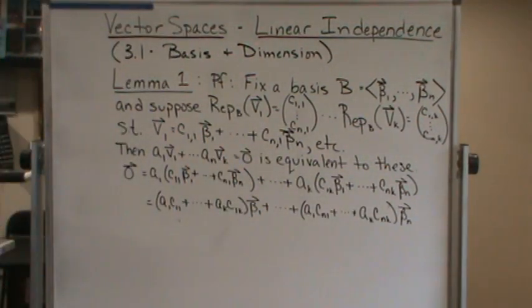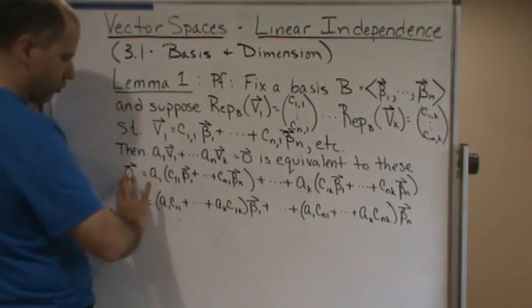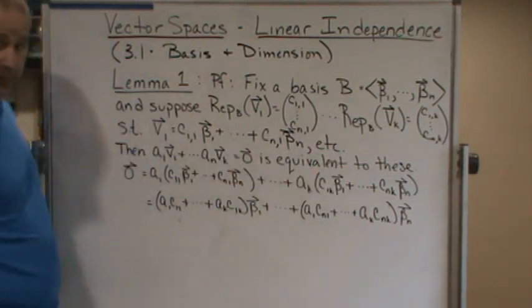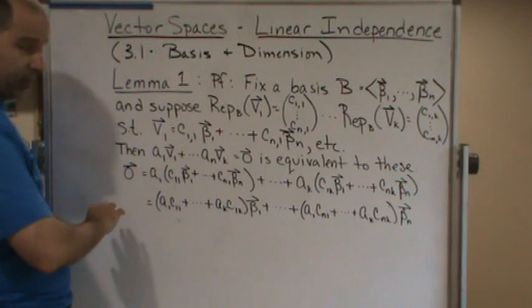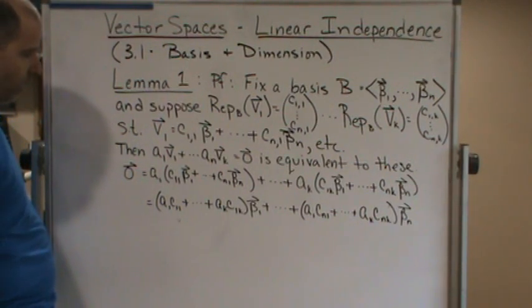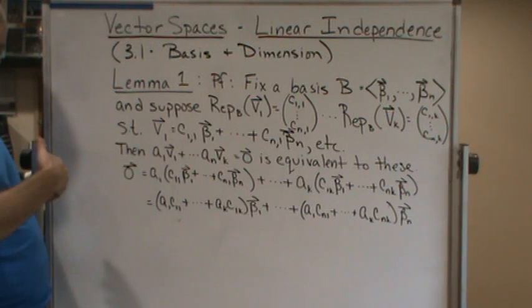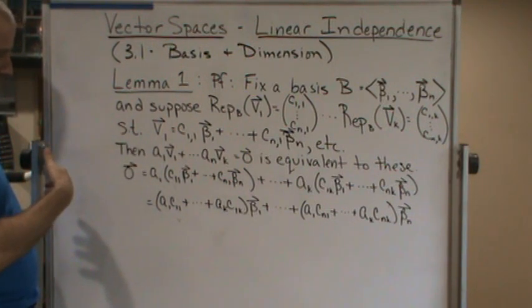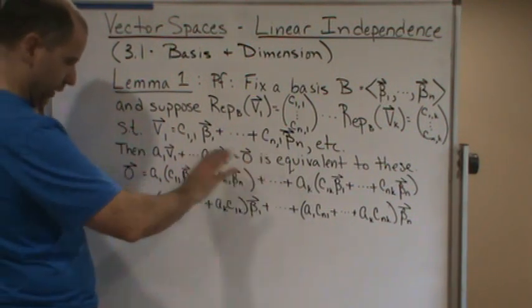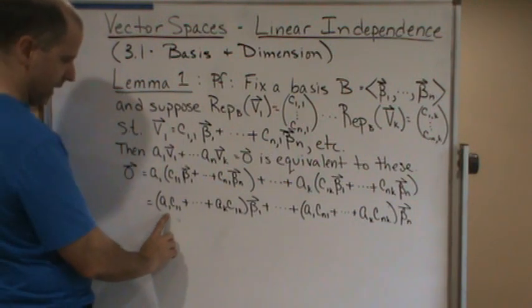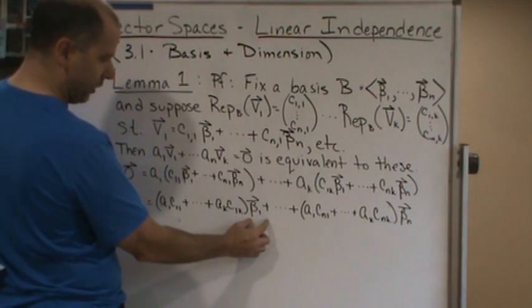And the cool thing is, when you distribute the a's, the a sub 1 through a sub k, and then use the properties of commutativity, you can regroup everything, and now you can factor out all the betas.